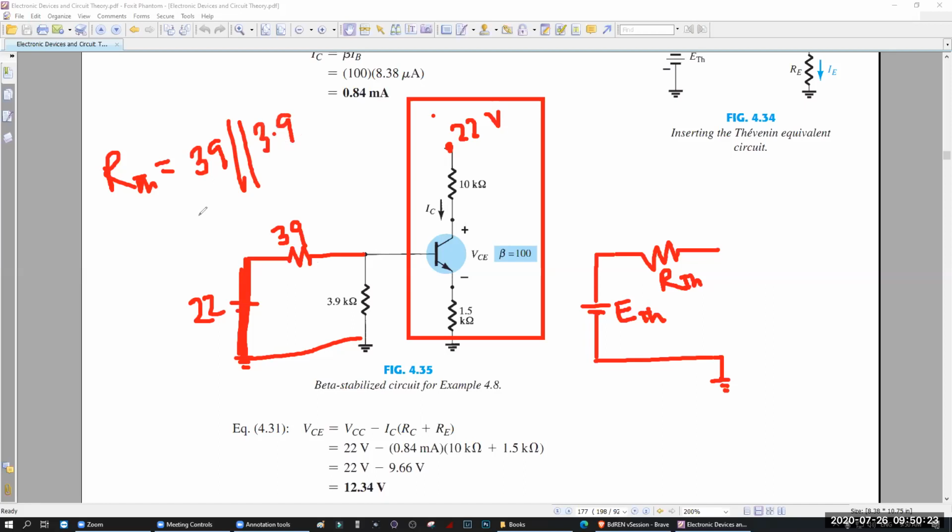If you do the parallel, what will be your answer? 39 inverse plus 3.9 inverse, whole inverse. Your value is 3.55 kilo ohm. Can I write that? Yes, sir.